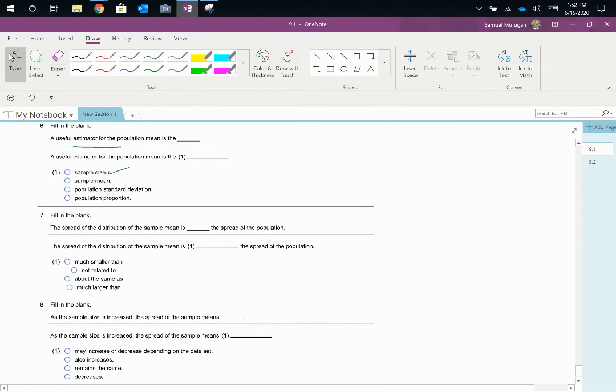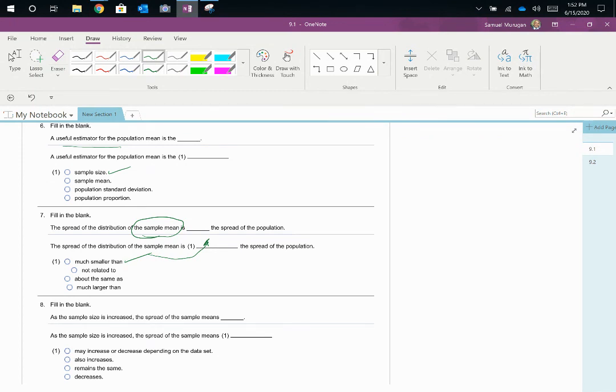The spread of the distribution of the sample mean is much smaller than the spread of the population, because remember, the larger the sample size, the less spread out it will be.